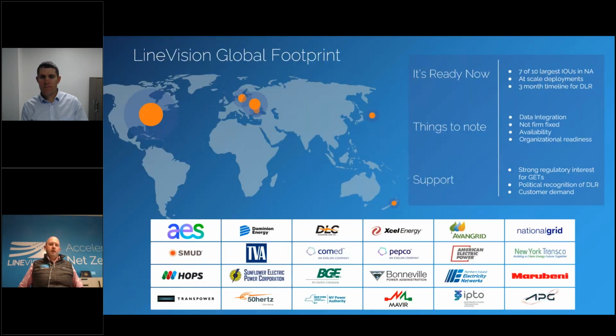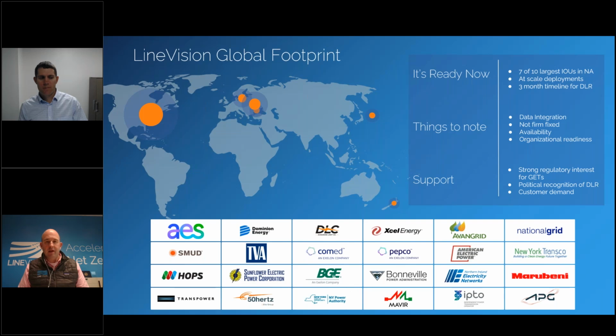It's important to make a few points here. One, I think it's pretty clear, is that dynamic line rating is ready. This is not something that lives in the innovation department anymore, and we've come out of that and are really happy to be doing at-scale projects like the one that AES is leading.